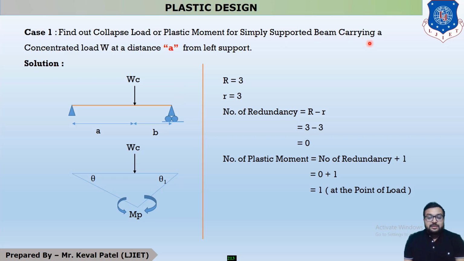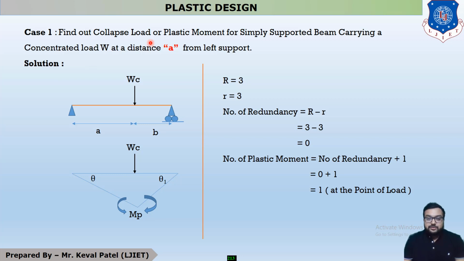This point load is acting at a small a distance from the left support. This concentrated load or point load is considered as the collapse load. So this is the figure based on this question.